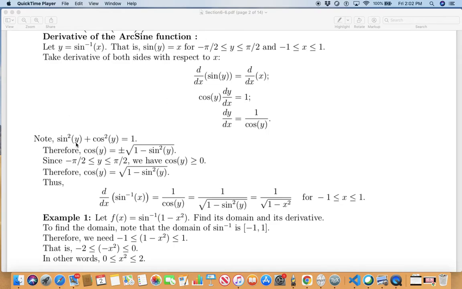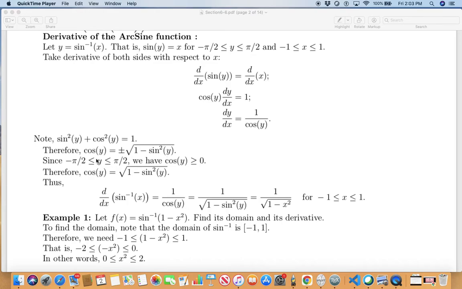Recall, sine squared plus cosine squared. No matter what the argument, as long as the arguments are the same, sine squared y plus cosine squared y is 1. That is, cosine y is plus or minus the square root of 1 minus sine squared y.